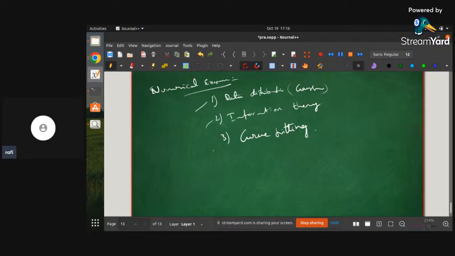These three concepts, I will share the reading content. You go through it today. Tomorrow we'll solve one or two example problems, and mid one will be on this.